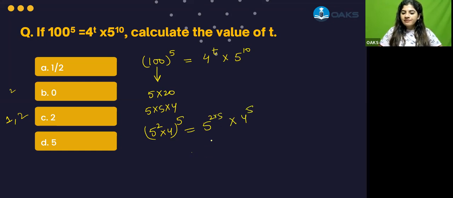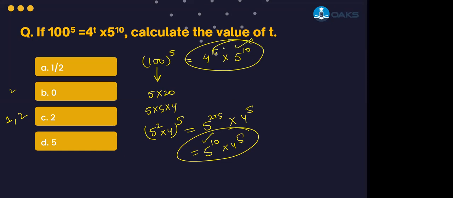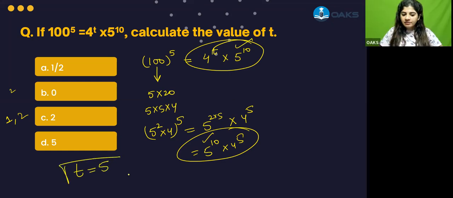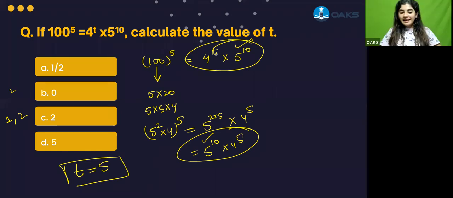So we have 5 raised to power 10 and 4 raised to power 5. Now compare these. This part is the same, and comparing this, I get T equal to 5. So not A, not B, not C. D is the correct option.